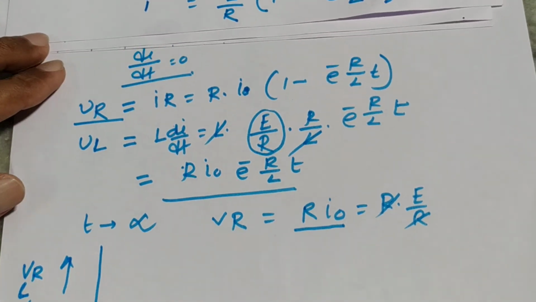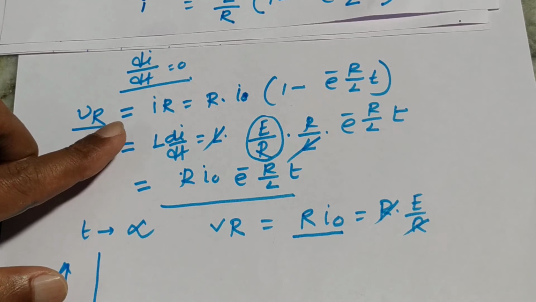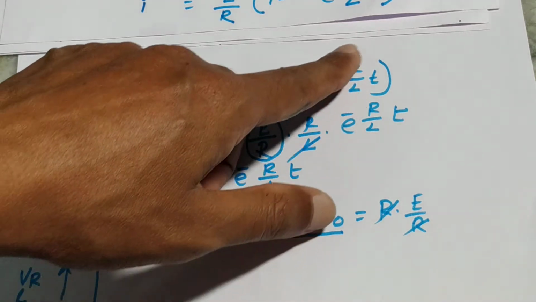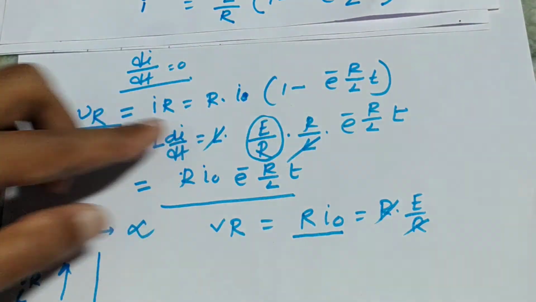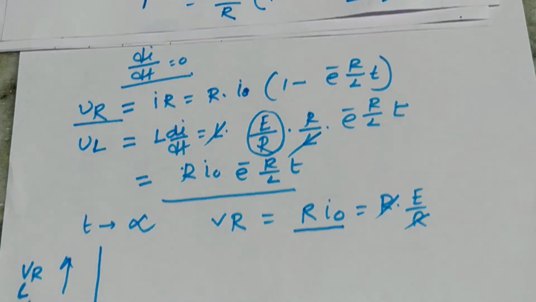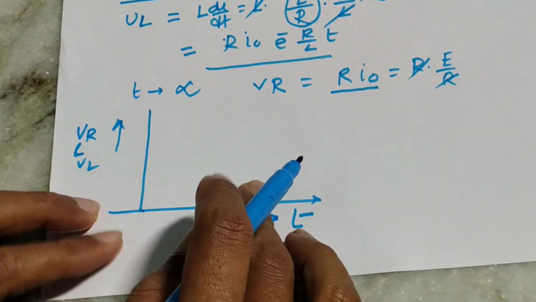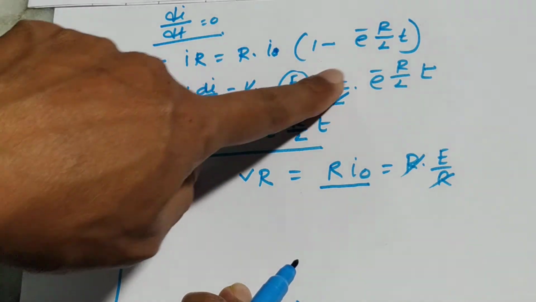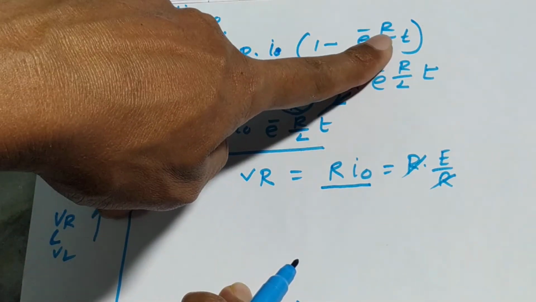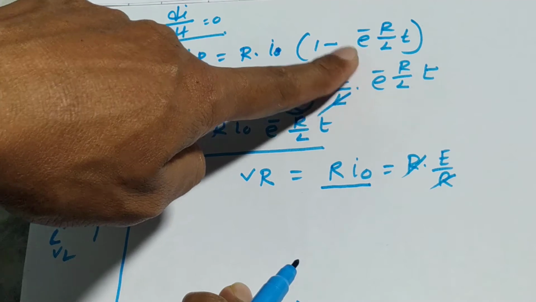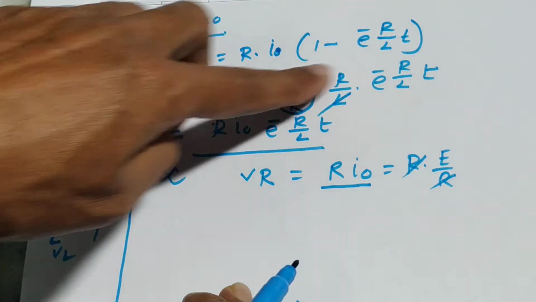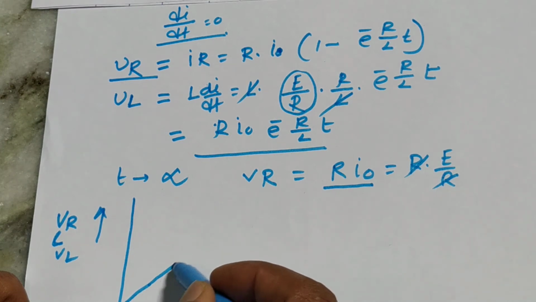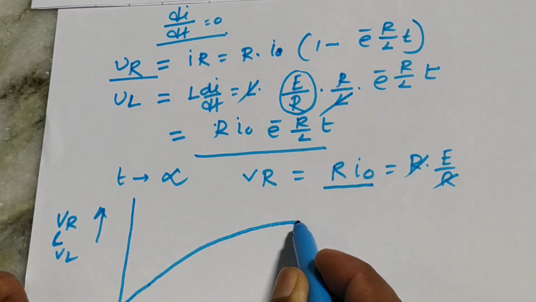At t equal to 0, let's see the equation. Exponential 0, so 1 minus 1, 0. So no voltage drop across the resistance. So with increasing time, the voltage drop across the resistance increases exponentially.